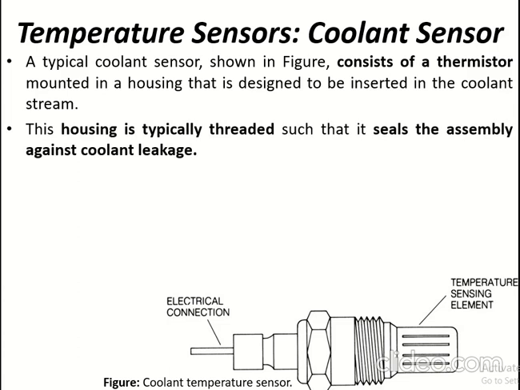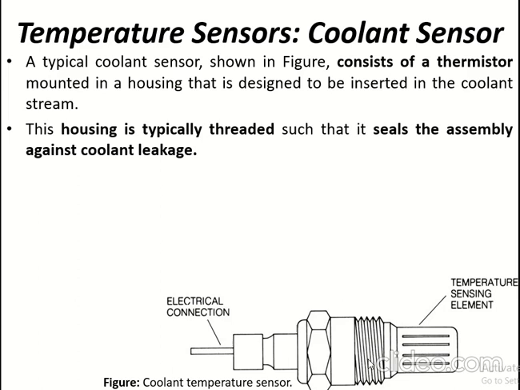Maybe you have all seen how the spark plug is fixed in two-wheelers, maybe a bike or scooter, that it has a threaded system. Once the threads are screwed in, it makes a connection with the next part. Similarly over here, this temperature sensor has some threads.